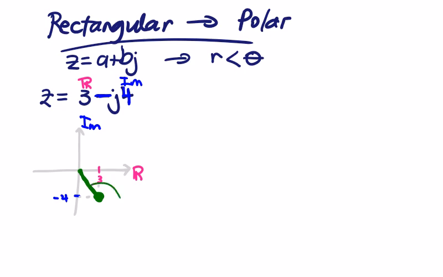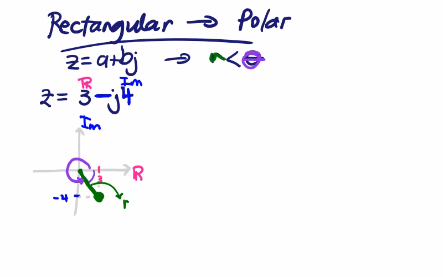So just bring a little arrow here, r, which is the modulus or the length of that segment, and the angle or the argument theta, which is, as if we go anti-clockwise from 0 until we hit that segment, so that would be an angle greater than 180 degrees or even greater than 270 degrees, but positive because we're going anti-clockwise.